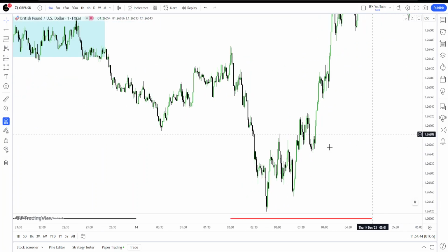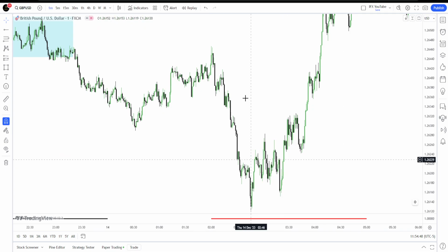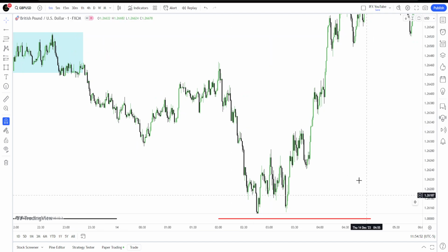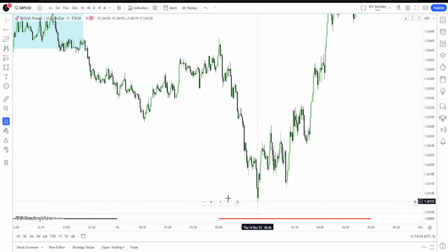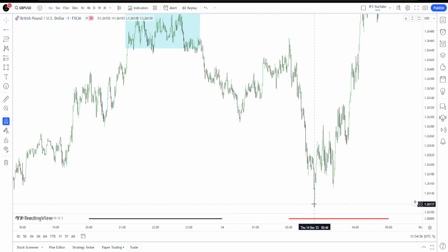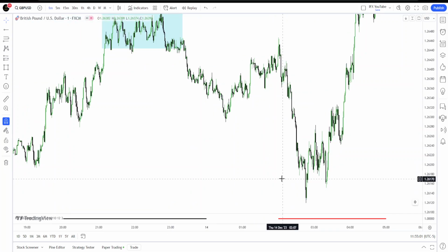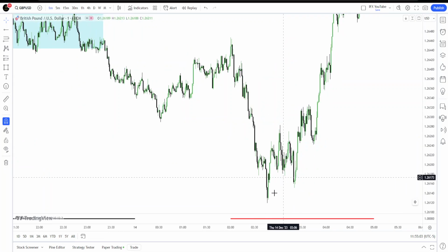So now, Asian range, London low, right? We have a lot of price action, and that is your target. So what essentially I'm doing is, there would have been a reason for this to be a London low. It would have been either an SMT, or I would have seen it's gone below Asian range and I'm overall bullish. So I would have waited for all of this price action to happen.